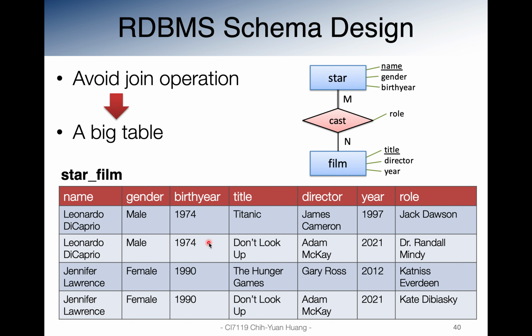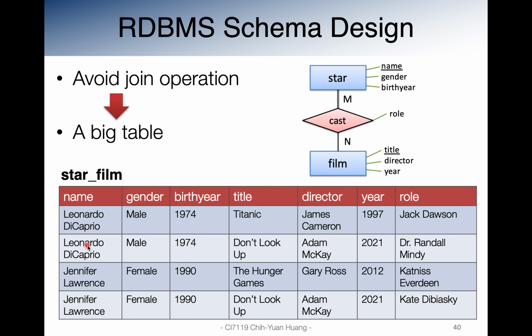But in reality, it will repeat as many times as the number of films that he was in, and this information will repeat again and again and again. And the same goes for Jennifer Lawrence, and also for the film as well.